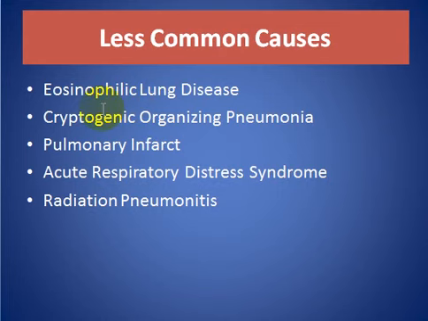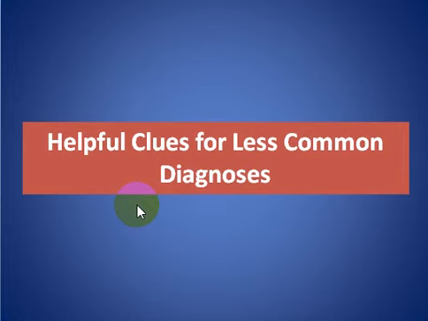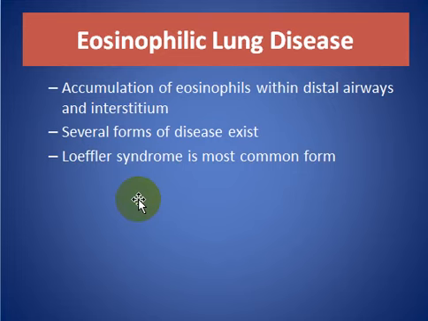Less common causes: we have eosinophilic lung disease, cryptogenic organizing pneumonia, pulmonary infarction, acute respiratory distress syndrome, irradiation pneumonitis. The clues for less common diagnosis: eosinophilic lung disease, there is accumulation of eosinophils within the distal airways and interstitium.